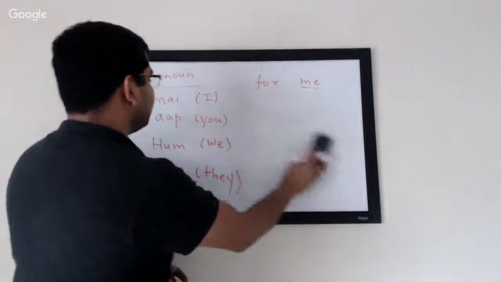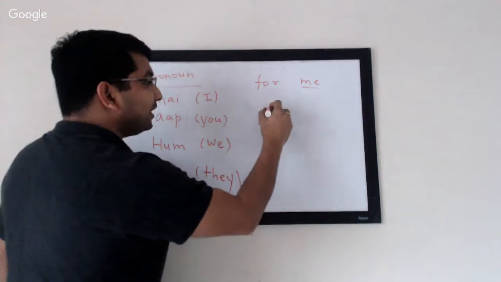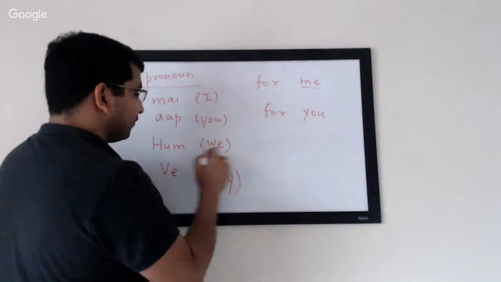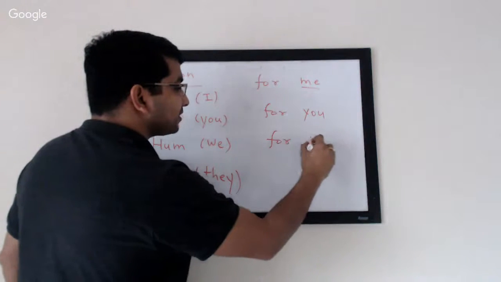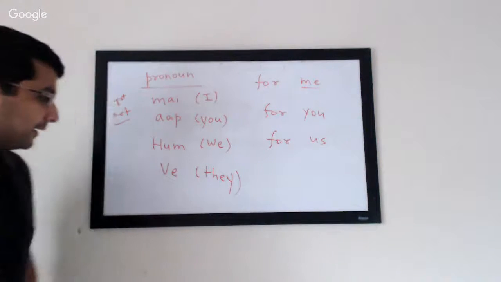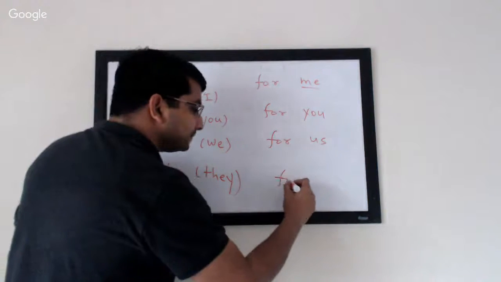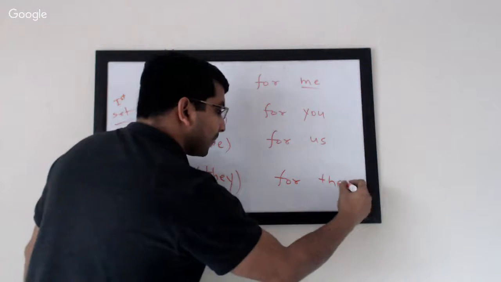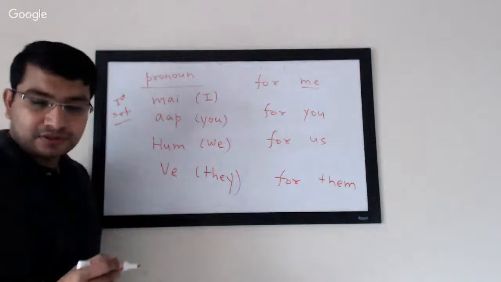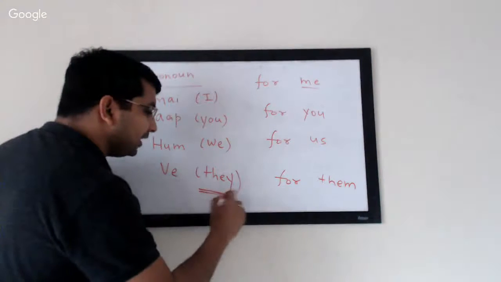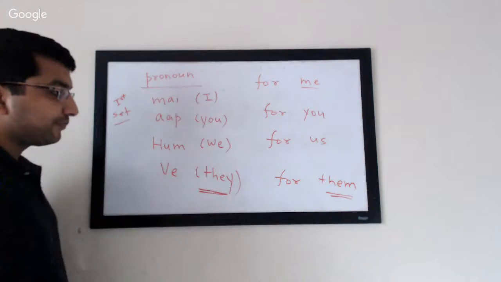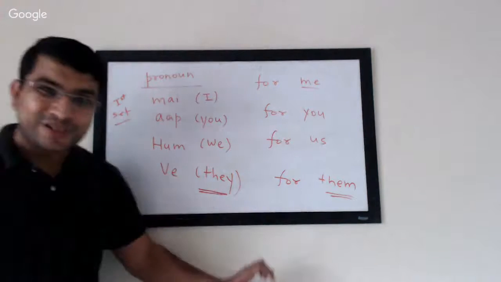Similarly, for you remains the same, for us, you no longer say for we, for them. So it goes back to the very first example which we started with. This is your nominative case. This is your oblique case. In English, you have prepositions, right? I hope this makes sense.